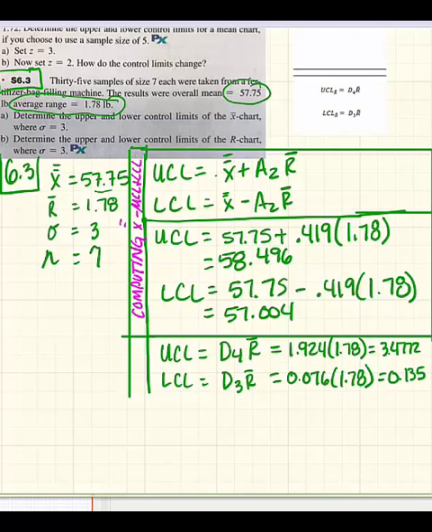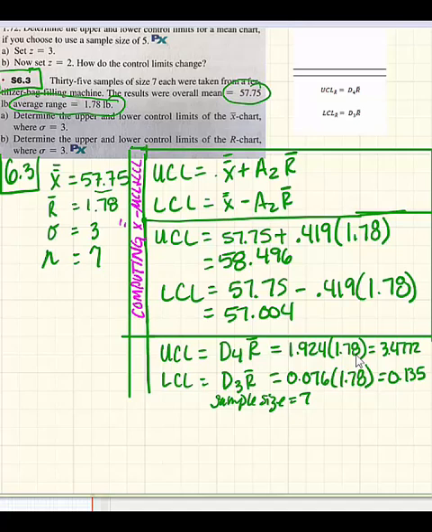Then I put the numbers in and calculated it out for you, so you can see that the upper and lower control limits for the range, of course they're much different numbers because now we're talking about the control limits of a range, not of the entire sample, are 3.4772 and 0.135. So we pull the factor from the next page using a sample size of 7, make a note of that, plug the factor in, and calculate it.